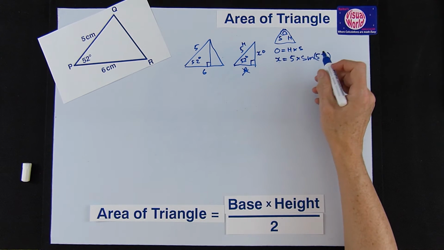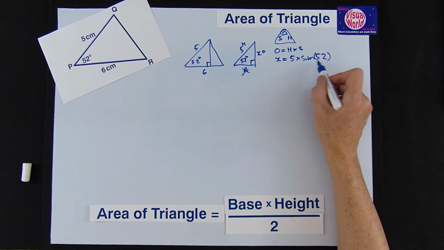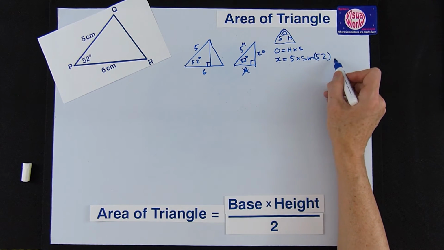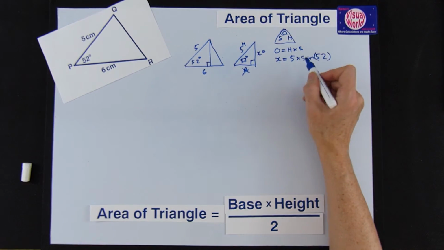So we now know what the height is. We could work out the height at this point, but we're just going to keep that as the height. Just hold it just like that.